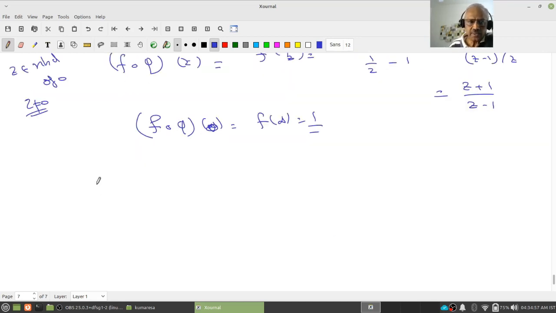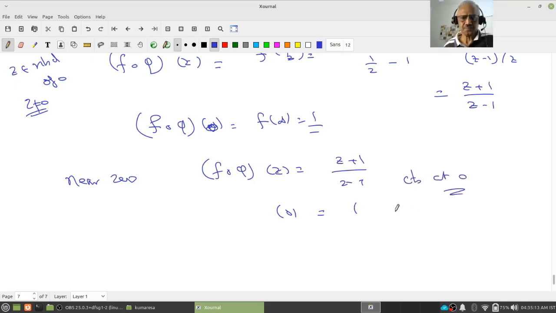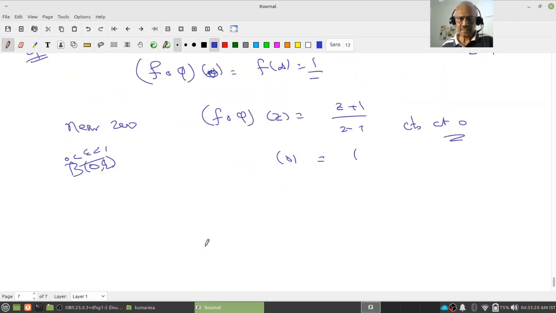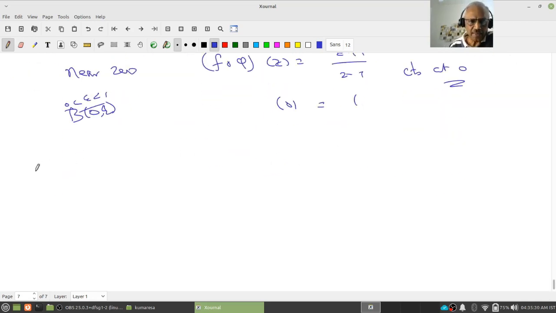Therefore near 0, my function f composite phi of z is z plus 1 by z minus 1, and at 0 it's equal to 1, and this is continuous at 0, obviously. Do you follow that? You can take any open ball of radius epsilon less than 1, because z minus 1 should not vanish there. Is this clear?